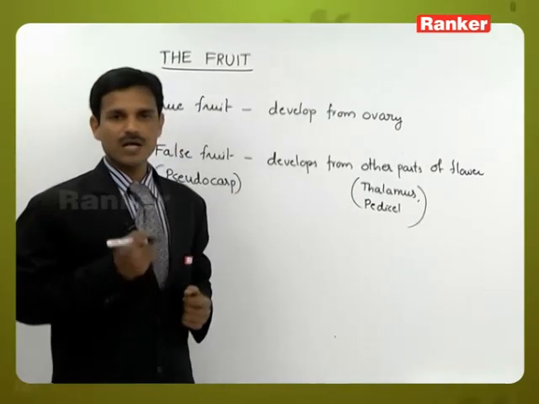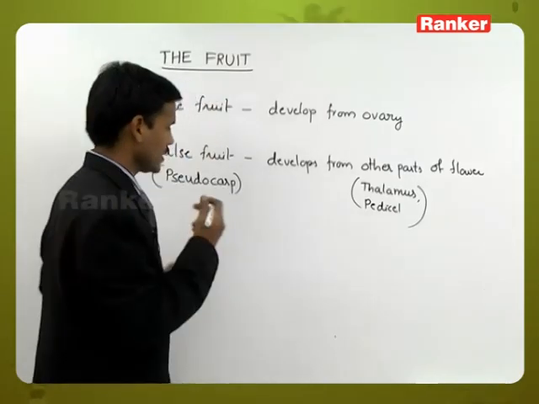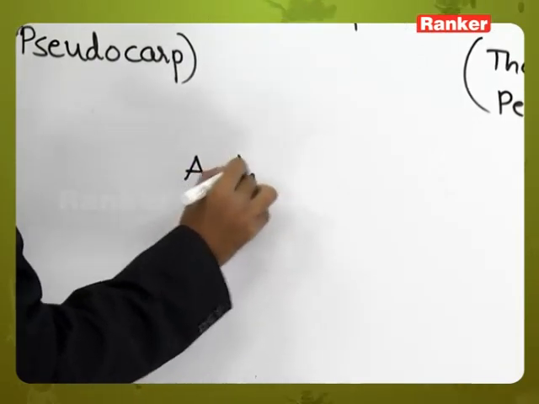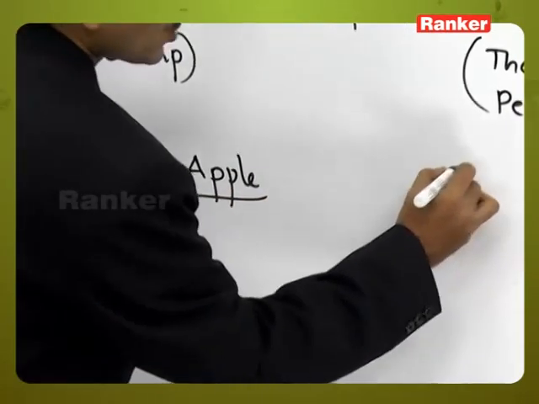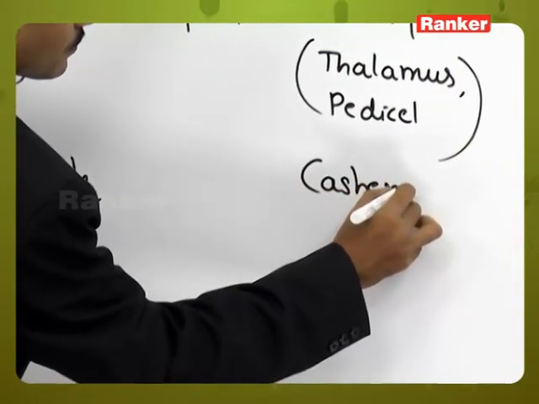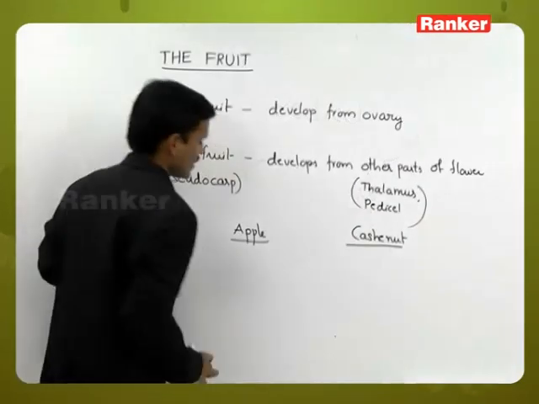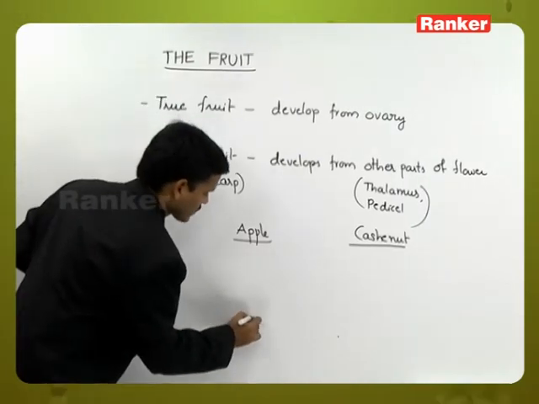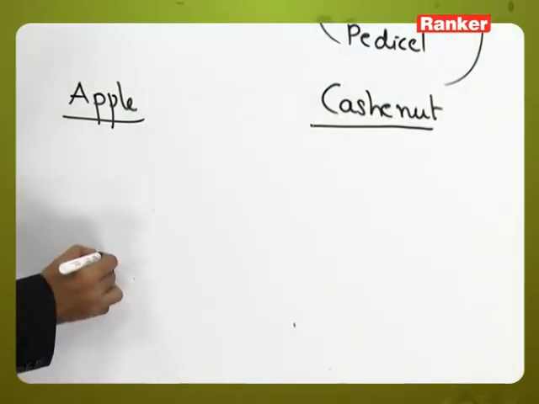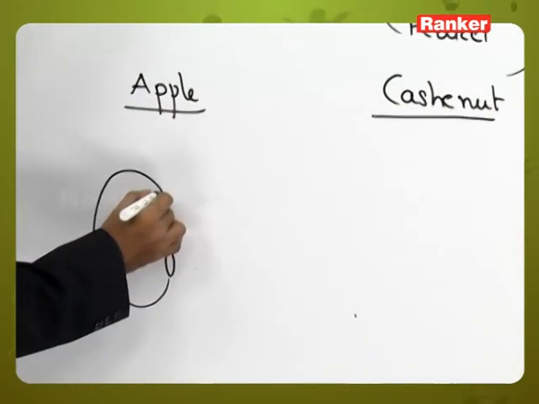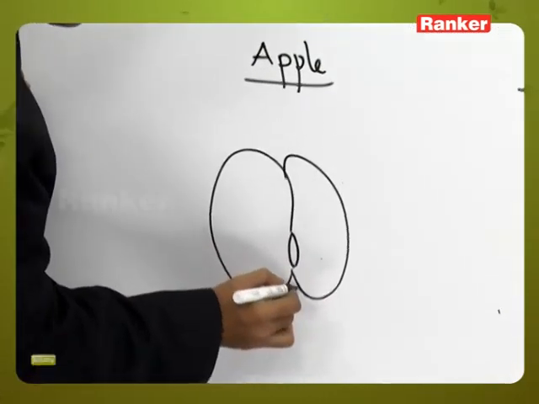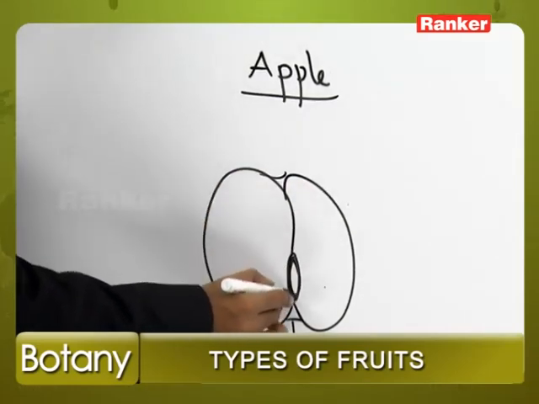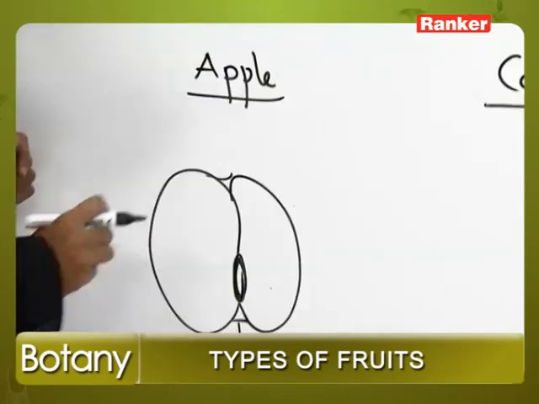If we see the false fruits, they are mainly observed in the apple, and the cashew nut also. In apple, thalamus develops into fruit. Here it is ovary, but the ovary is not developing into the fleshy part.